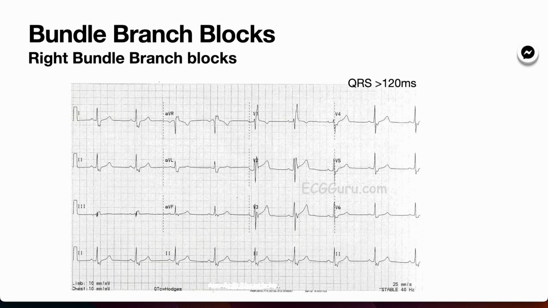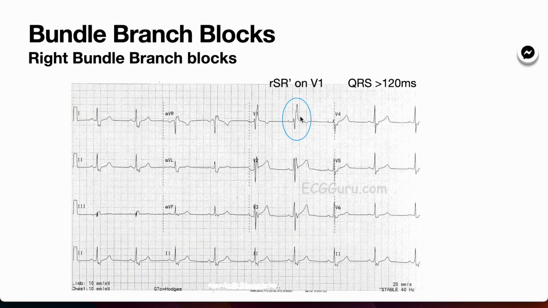So how do we know whether this is a right or a left bundle branch block? Well, you can see an R, an S wave, and an R prime. This is the initial R, and you can see the S wave and a big R prime.